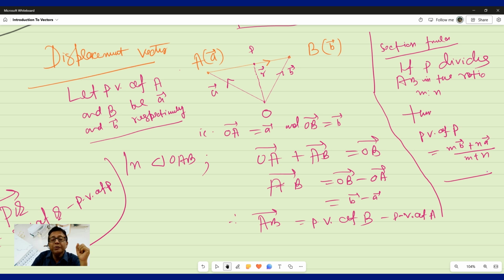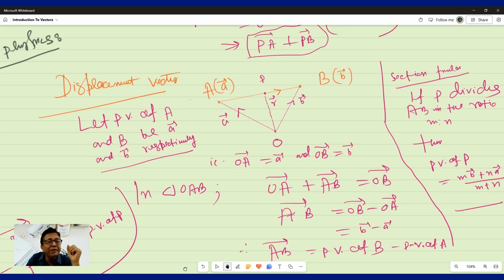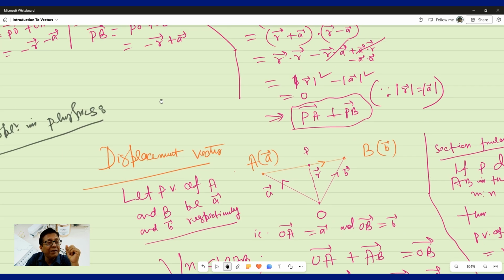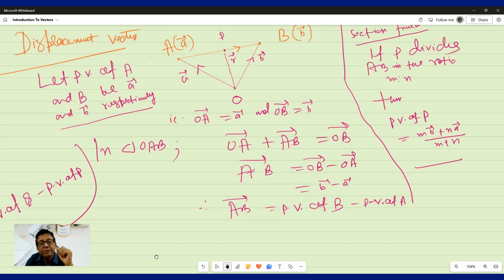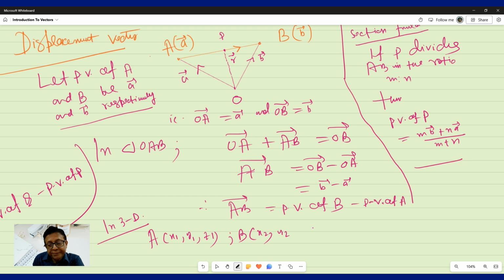What I am going to do now, using this displacement vector, I am going to find the work done, application of dot product. Now, let A have this point in 3D: x1, y1, z1, and B is x2, y2, z2.